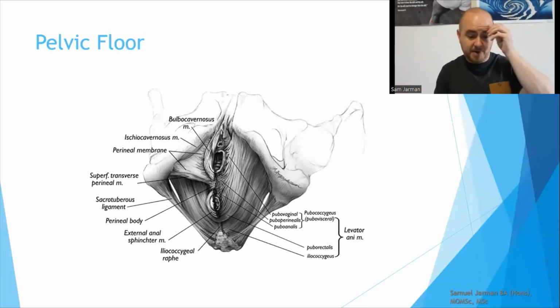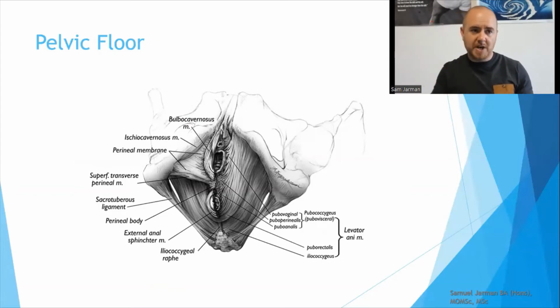Now, just looking at the pelvic floor, you can discuss the pelvic floor as individual muscles, or you can discuss it as a broad concept. So some people will call it the pelvic diaphragm because it is essentially the floor of the pelvic cavity. So it has some degree to which it is suspending the organs in the pelvic cavity, making sure that they don't fall outside of the body wall or outside of the body cavity.